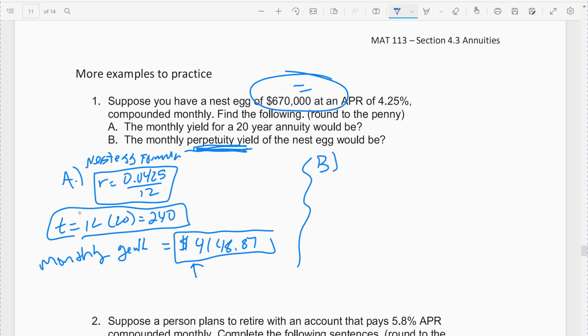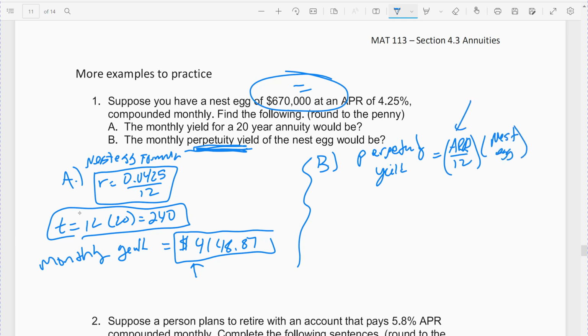Well, that yield, you take your APR, divide by 12, so you take your R, and multiply it by your nest egg.